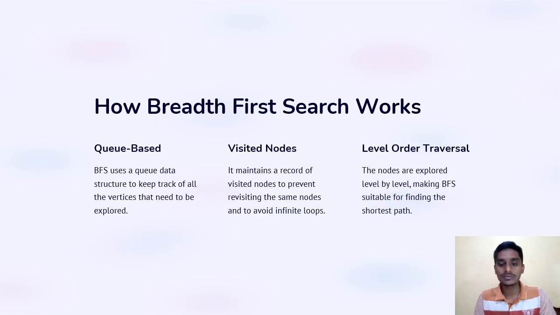And how does breadth first search work? Basically, it works on a queue, visited nodes, and level order traversal. BFS uses a queue data structure to keep track of all the vertices that need to be explored. The second one is that it maintains a record of visited nodes to prevent revisiting the same nodes and to avoid infinite loops, which would create errors for the next nodes.